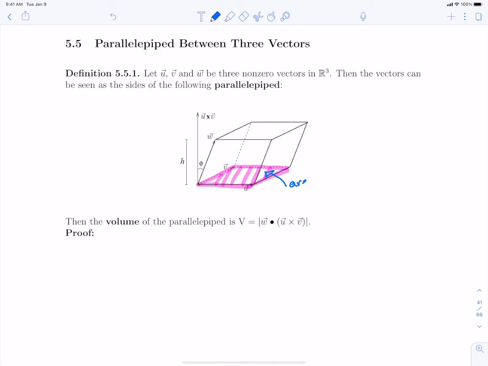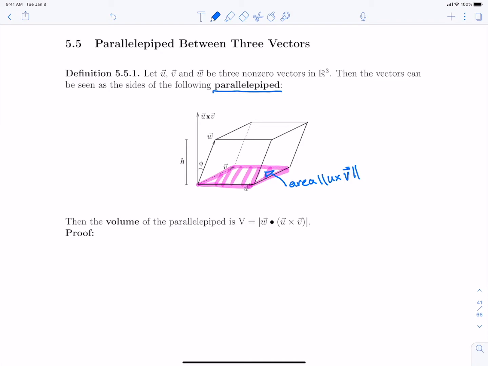So here's my area, would be the magnitude of U cross V. Okay, well, when I then take another vector W and I put the initial points of U, V, and W all together, I can actually form this parallelepiped. That is actually the real word for it, parallelepiped. In a way, it's a box or a rectangle that is formed by parallelograms.